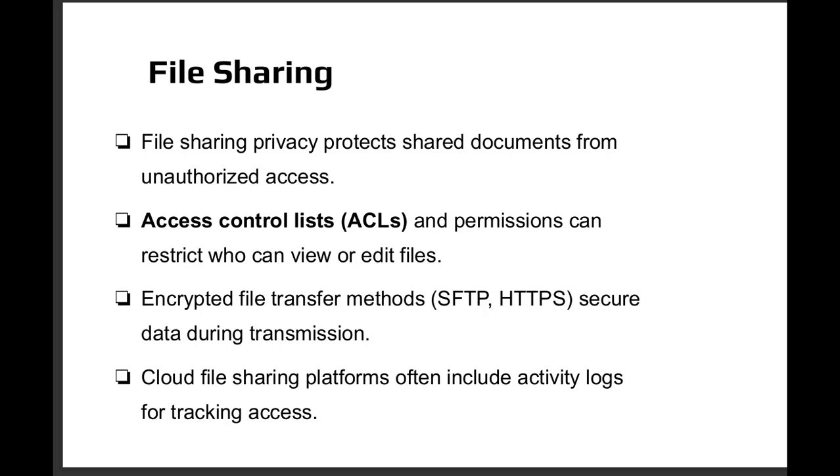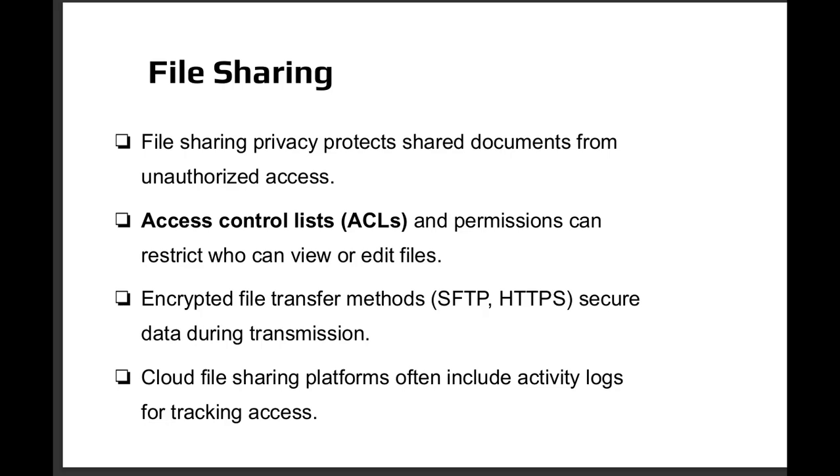File sharing is ensuring that all of our shared documents are private, encrypted, and isolated from unauthorized access. File sharing uses access control lists, or ACLs. ACLs allow us to create rules and permissions for which individuals can view or edit specific files. When doing file transfers, we should use encrypted methods.